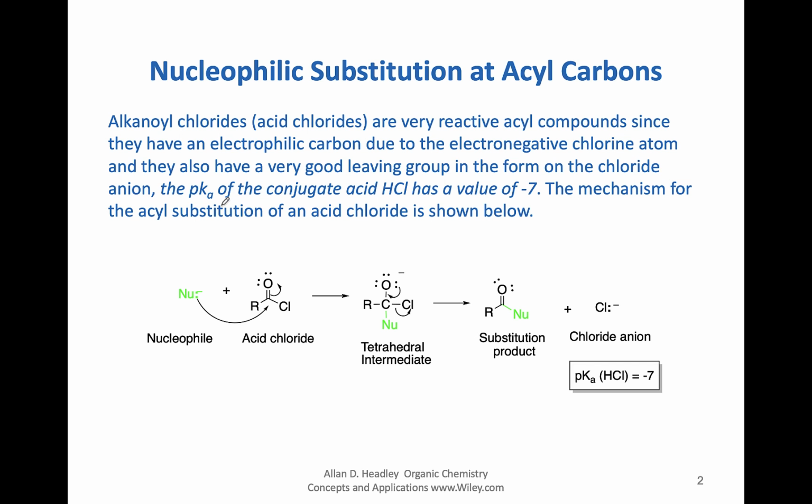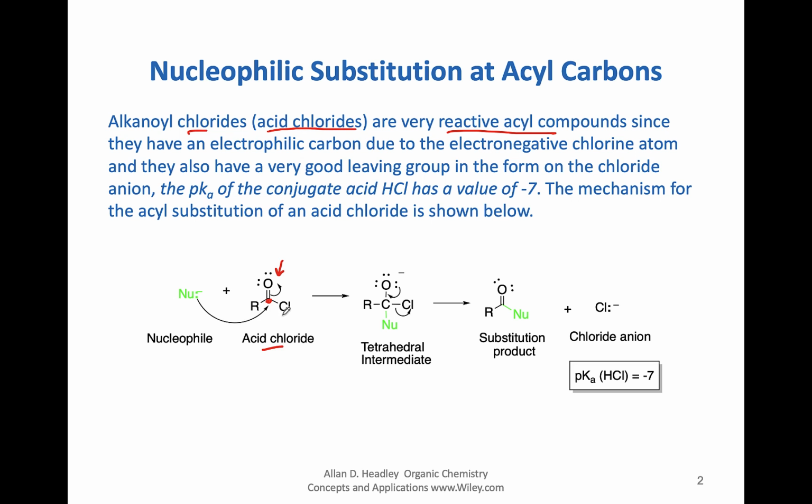Okay, so as a quick review, last lecture we looked at acid chlorides. And we said that these compounds are very reactive. They are very reactive because the carbon, here's the acid chloride down here, so the carbon that is electrophilic is bonded to an electronegative oxygen, which makes this bond here a polar covalent bond.